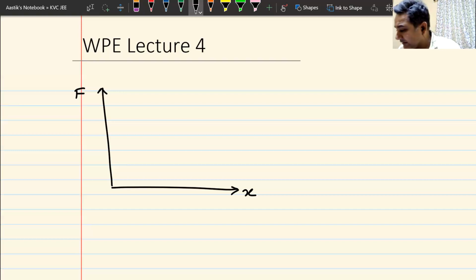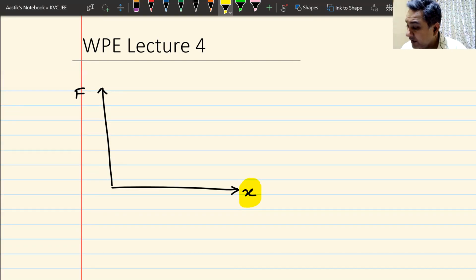Let us first discuss how the graph of a three-dimensional force would look like. Obviously, I cannot draw three graphs on one. I can draw it, but it looks complicated. So how do I do it? This is how I do it. If you can see here, on the x-axis, I have plotted the position along x. Instead of calling it position, the question may say displacement.